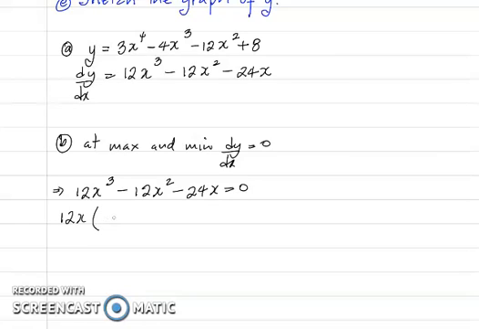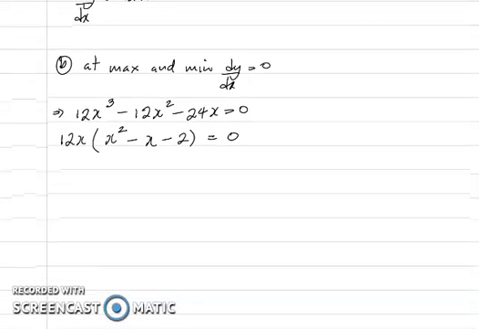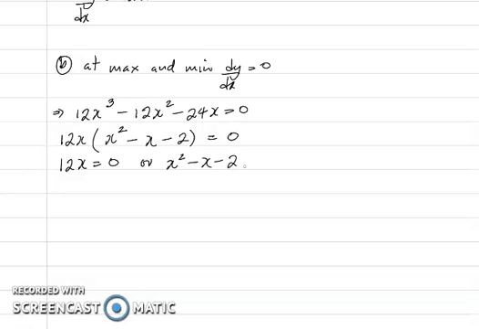Then we have x squared minus x minus 2 is equal to 0. Now, if I'm multiplying two things and I'm getting 0, either the first, which is 12x, is equal to 0, or the second, which is x squared minus x minus 2, is equal to 0.